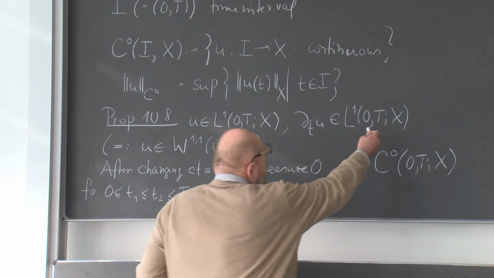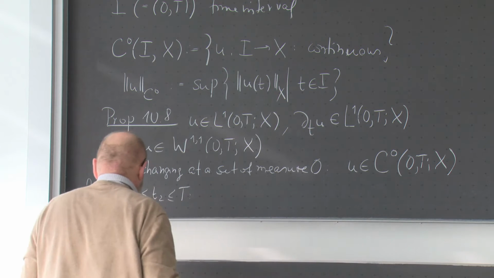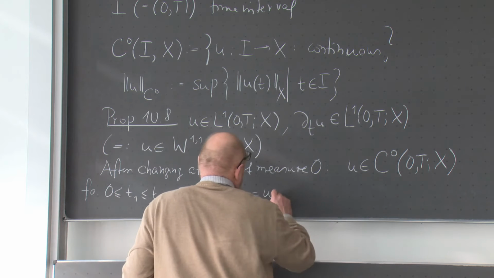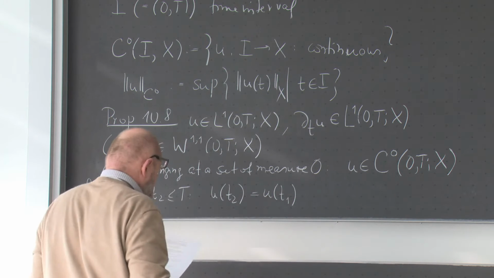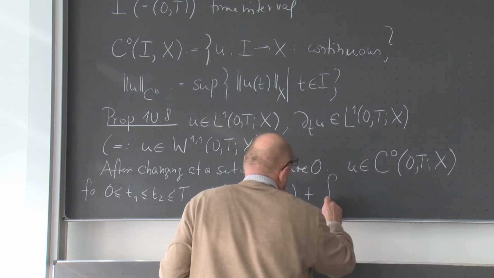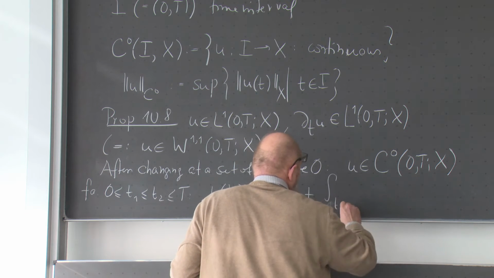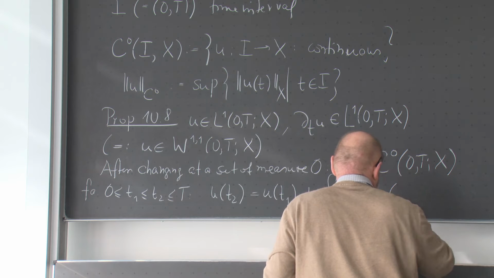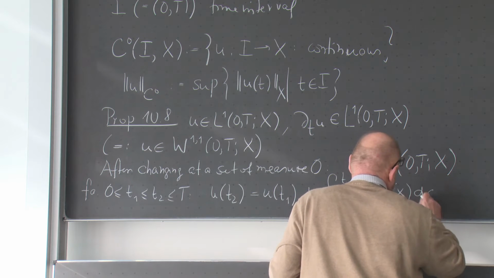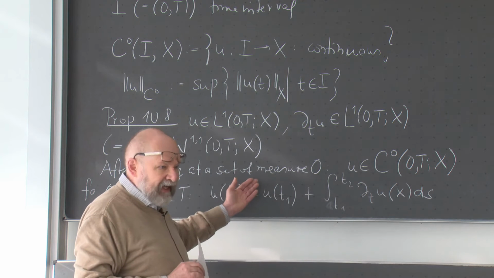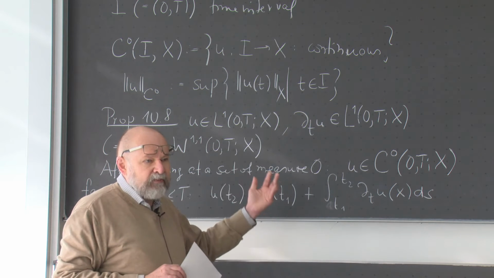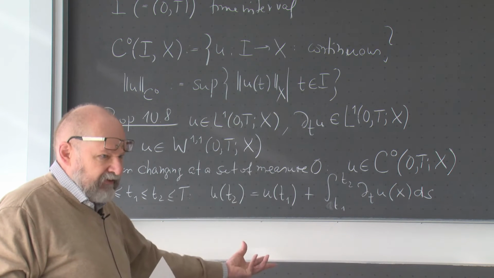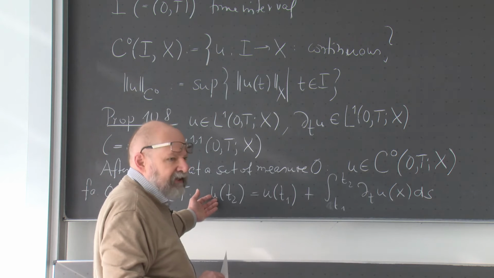Also, we have these very abstract notions here, so we can express the difference of u at t2 and u at t1 as the integral between t1 and t2 of the time derivative. So this is an identity in X, in the underlying Banach space where the spatial aspect lives. That's not an identity in numbers.